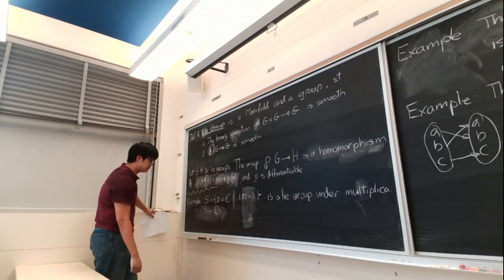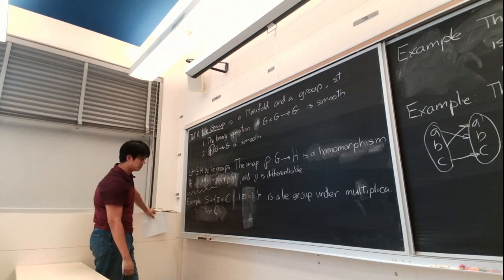Help from the audience. We want to parameterize the circle, where we think of the circle as complex numbers of unit length.